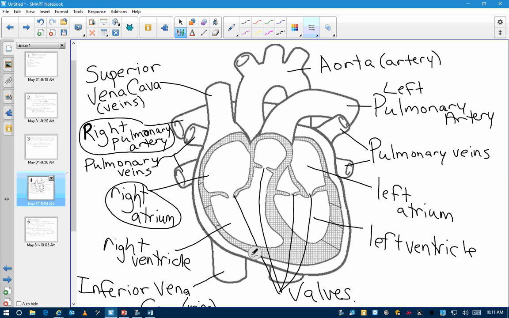And this one is a valve to the aorta. So same reason, so that blood is going in one direction. There is, but we're not going to talk about it. We'll just call them valves for now. Okay? So that's messy. Yours probably looks a little neater. So that's just labeling the heart.